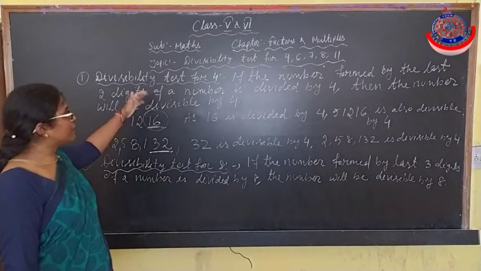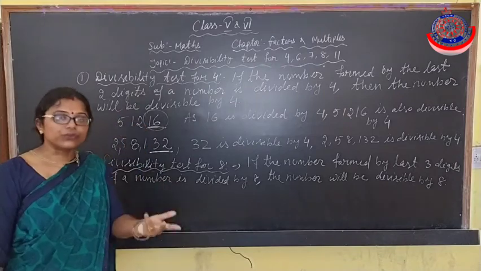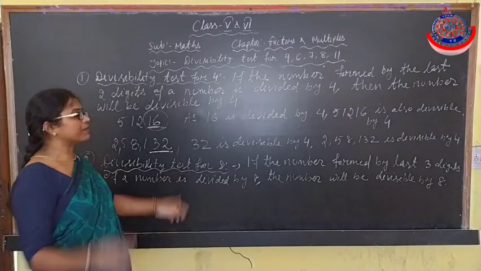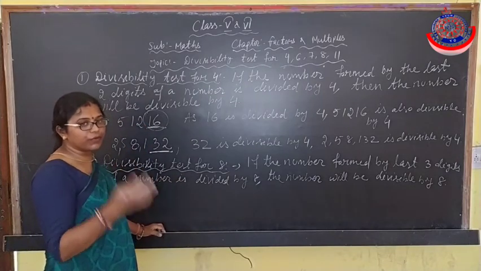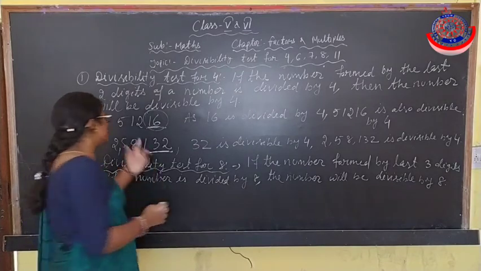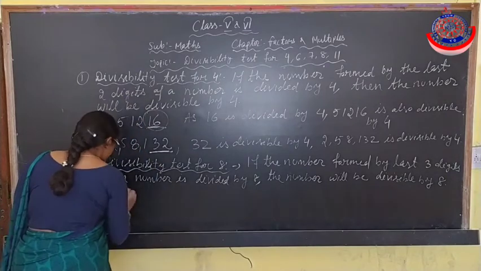Clear beta? In case of 4 we have considered the last two digits. In case of 8 we have considered the last three digits. We have to consider the last three digits. Now we will check.